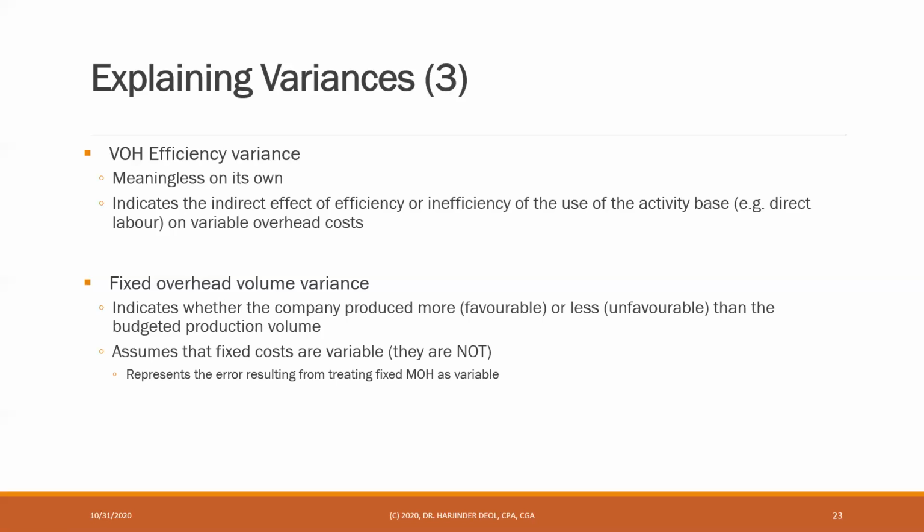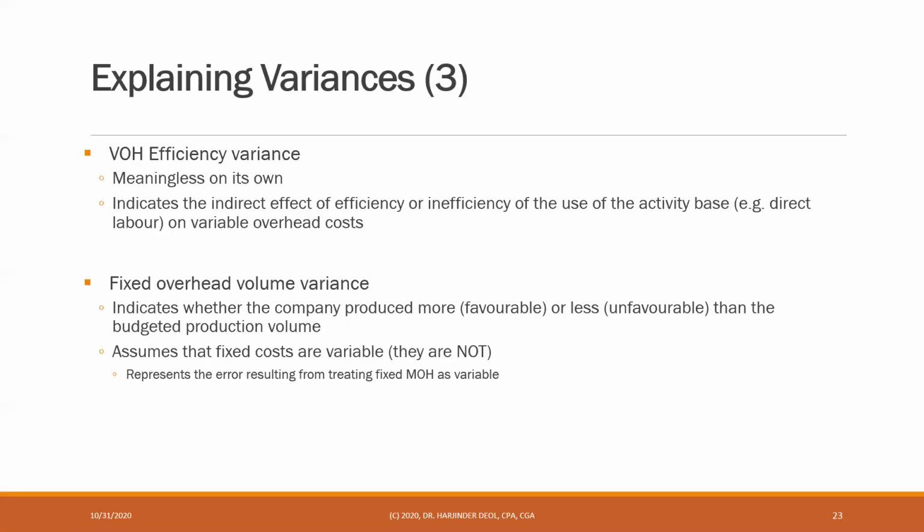All right, so in the example we worked on, problem 10-21, there was a large favorable fixed manufacturing overhead volume variance. That volume variance was simply the result of the company applying fixed manufacturing overhead costs to work in process on the basis of standard hours allowed.